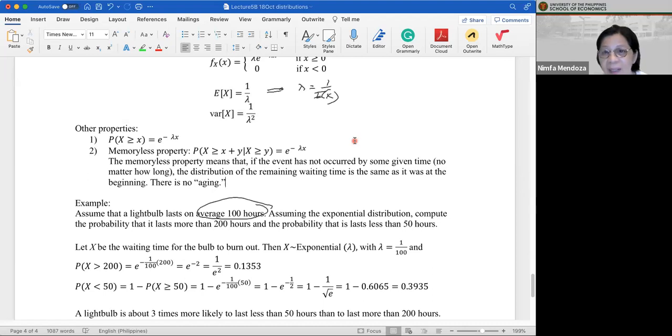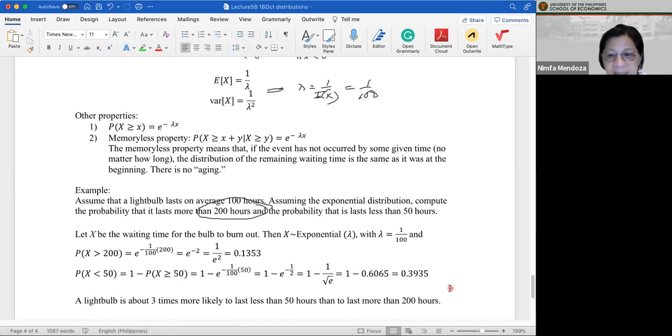So you would have 1 over 100 for lambda. So the probability that X is greater than 200, you just use this formula. The probability that X is less than 50, you just use the complement and you get this.